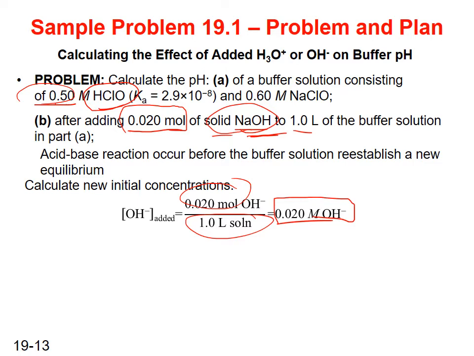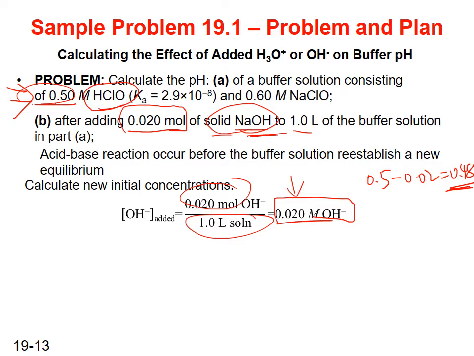And because the concentration of the weak acid is 0.5, which is much larger than 0.02, we can assume all hydroxide is reacted, consumed, and the acid left will be 0.5 minus 0.02, giving you 0.48. So this is the molarity of the weak acid left after the acid-base reaction with hydroxide.